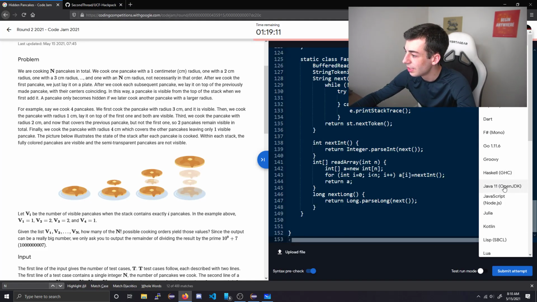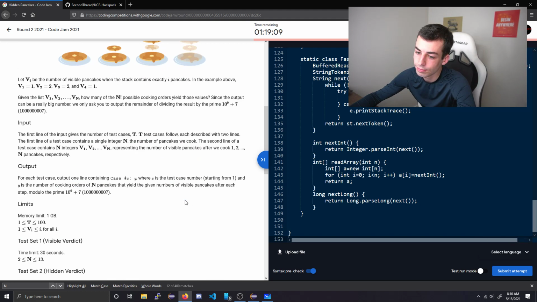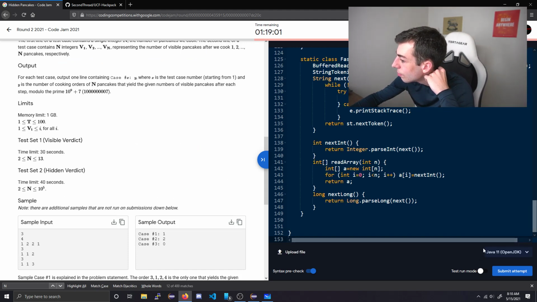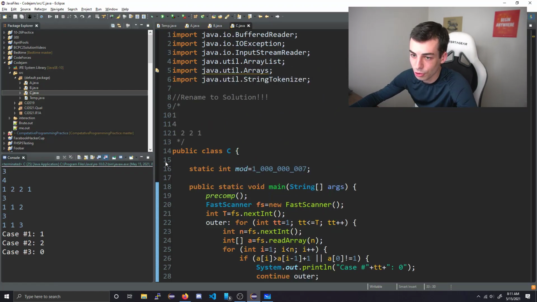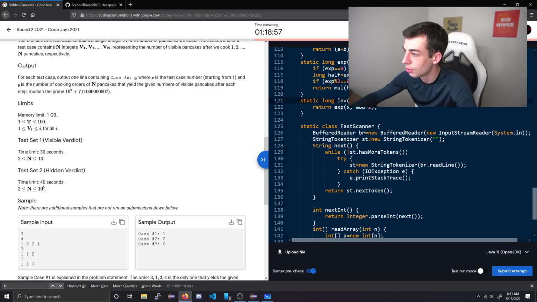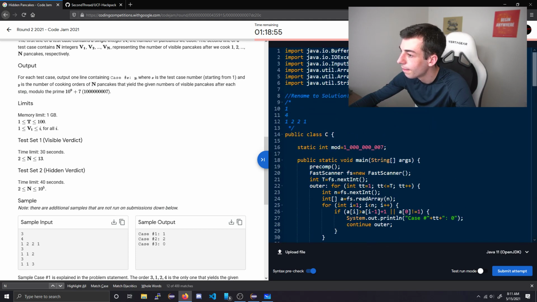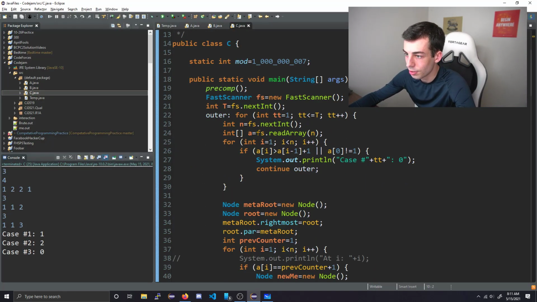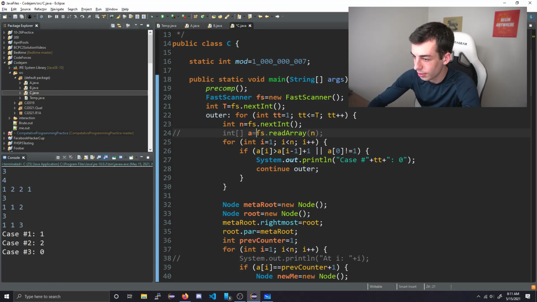Java, do we need... Okay, before we try this, first of all, this needs to be solution. Come on. Before we run this, let's just make A equal to something.